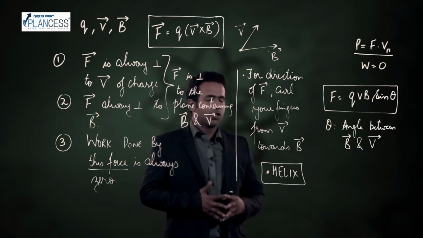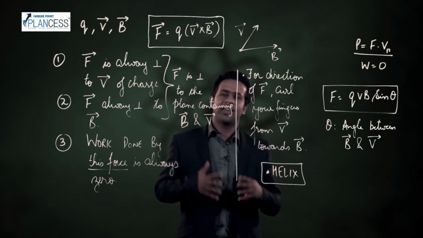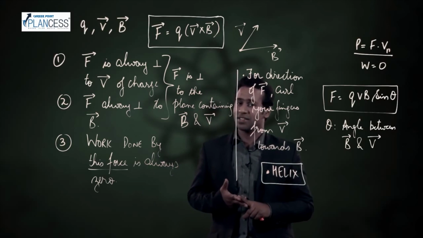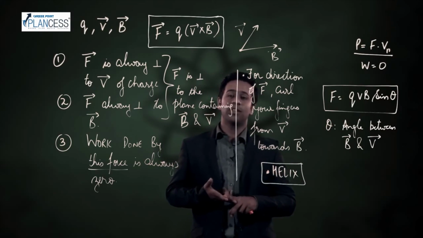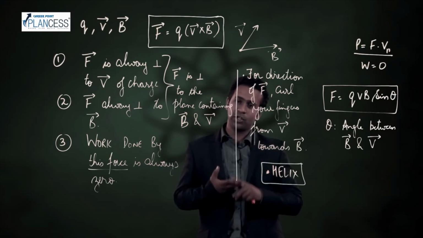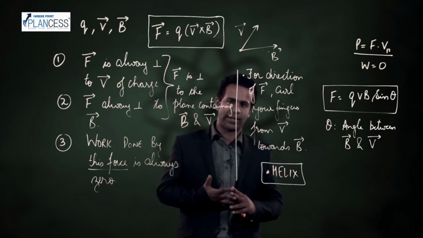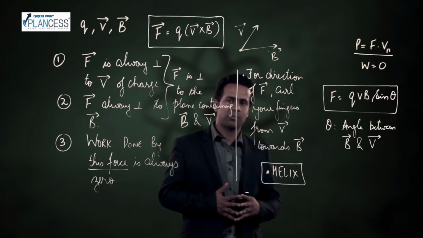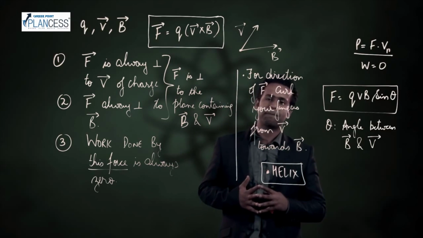Right. So the key thing to remember here is that the force is always perpendicular to velocity as well as the magnetic field. In fact, the force is perpendicular to the plane that contains these two vectors. And finally, the magnitude of the force is given by the expression QVB sine theta.